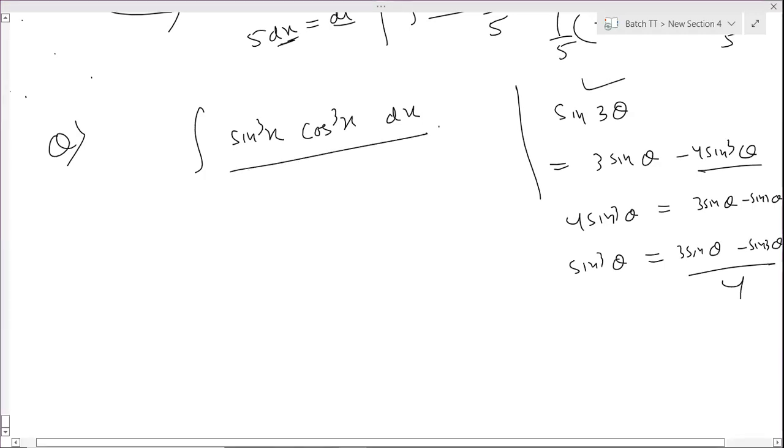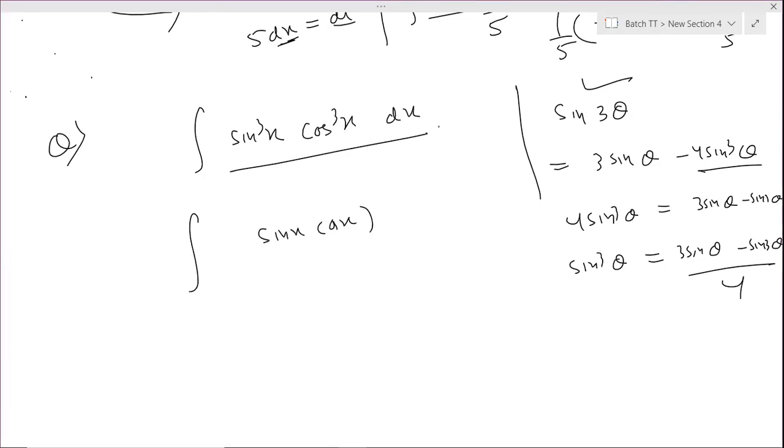So how to use this here? You can write it as sine x cos x to the power 3. Yes or no, everyone? Now if I multiply by 8 here and divide by 8 here, I hope nobody has any issues, as I can multiply and divide by any number.